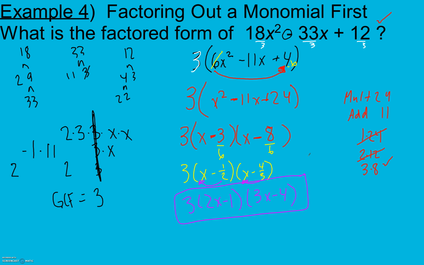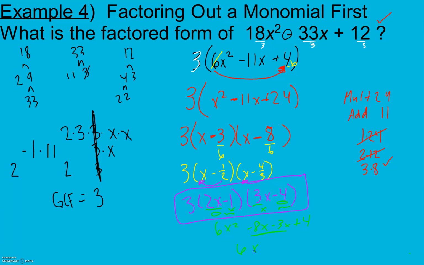Let's double check. So I'm going to multiply it back. When I FOIL here, I'm actually going to multiply my binomials first. 6x squared minus 8x minus 3x plus 4.